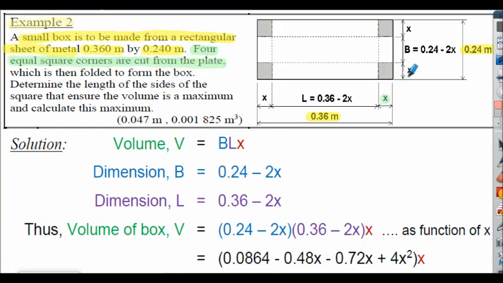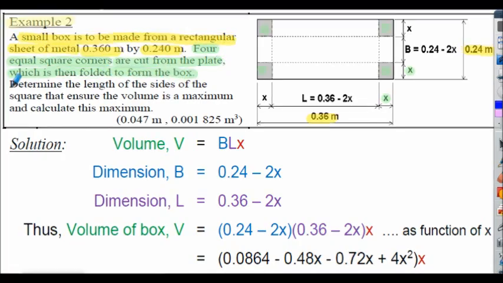Dimension x by x shown here for one of the corners. The sides, denoted as L and B, are folded to form the box. We have to determine the length of the sides of the square that ensures the volume is a maximum, and we're asked to calculate this maximum volume. Answers shown in the bracket here.